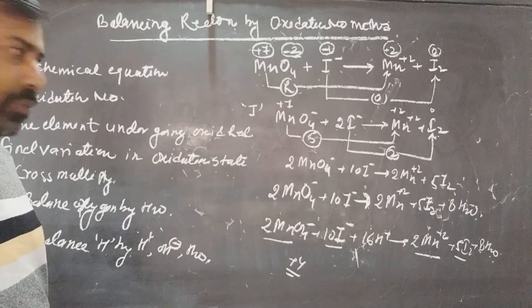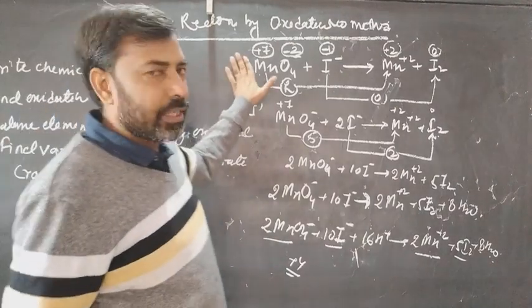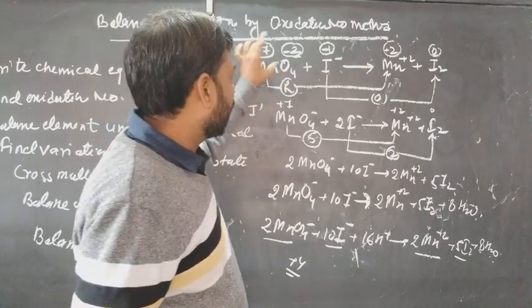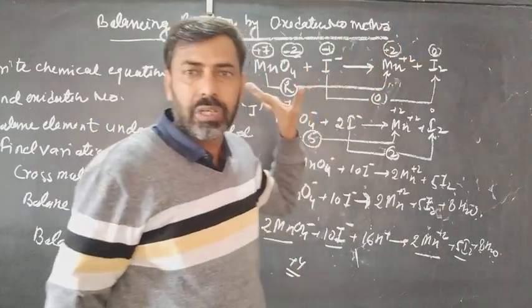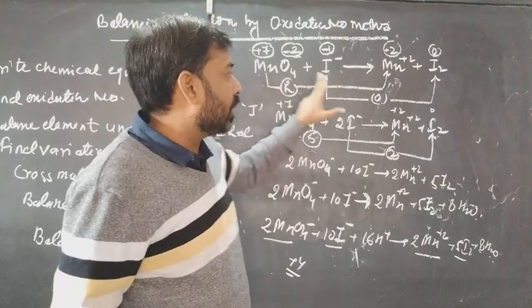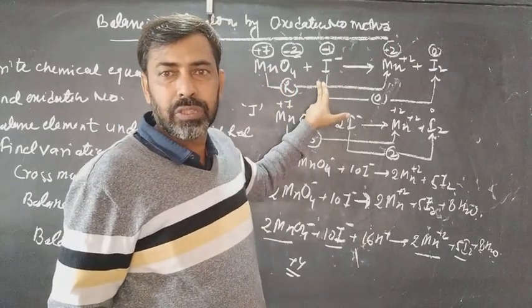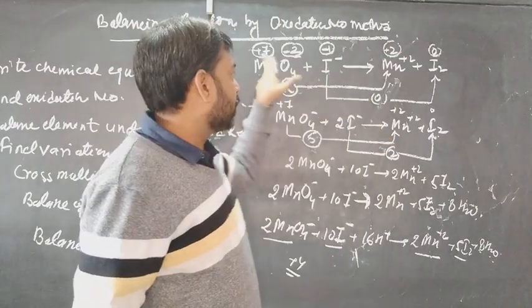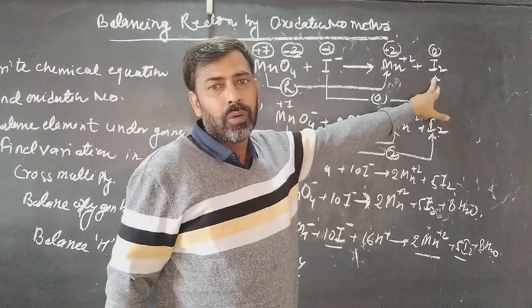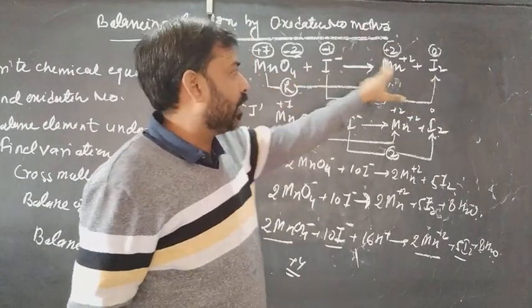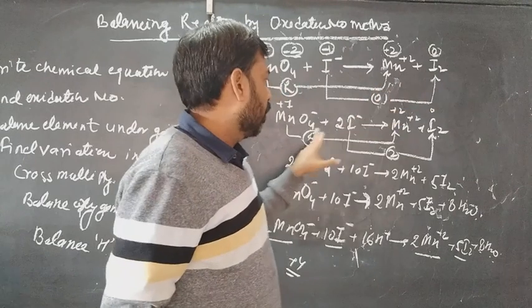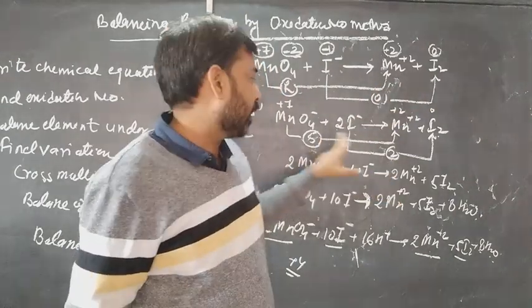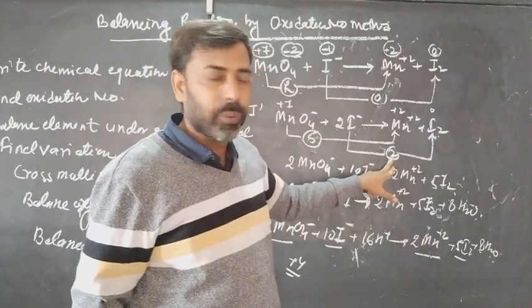फिर से एक बार हम स्टेप्स देख लेते हैं. सबसे पहले क्या किया, write the reaction. नेक्स्ट स्टेप में हमने पता किया कि what is the oxidation state. सबके ऑक्सीडेशन स्टेट लिख दिए. ऑक्सीडेशन स्टेट के बेसिस पे पता किया कि which one is oxidation half and which one is reduction half. ये है रिडक्शन, ये है ऑक्सीडेशन. जिस एलिमेंट का ऑक्सीडेशन या रिडक्शन हुआ उनको हमने बैलेंस कर दिया. यहाँ पे Mn ऑलरेडी बैलेंस था, आयोडीन को बैलेंस कर दिया, और बैलेंस करने के बाद हमने निकाला variation in oxidation state. रिडक्शन हाफ के लिए 5, ऑक्सीडेशन हाफ के लिए 2.